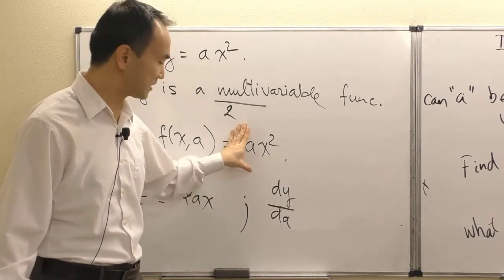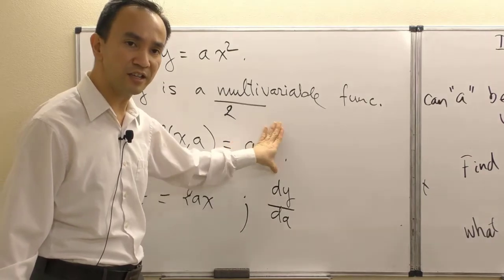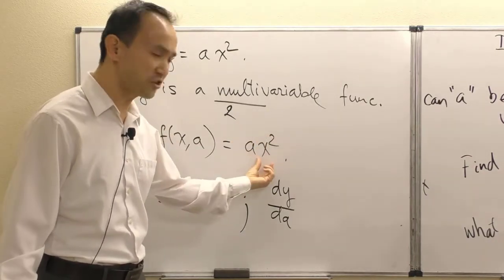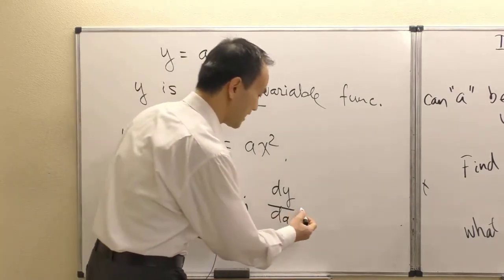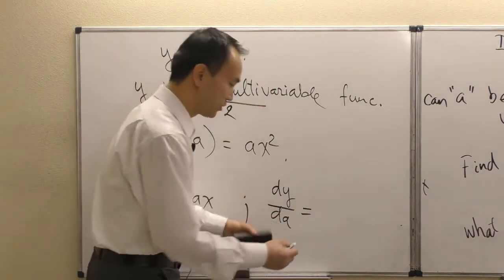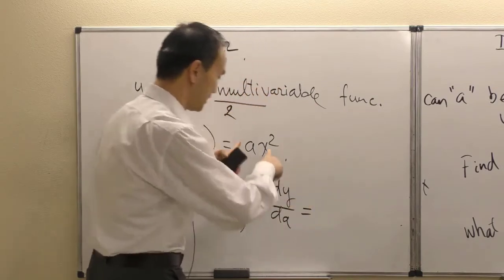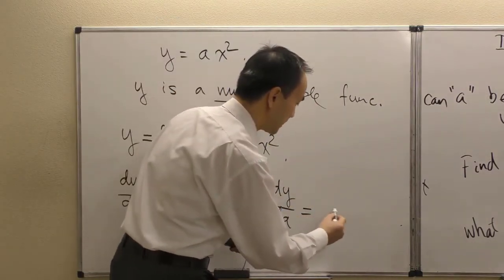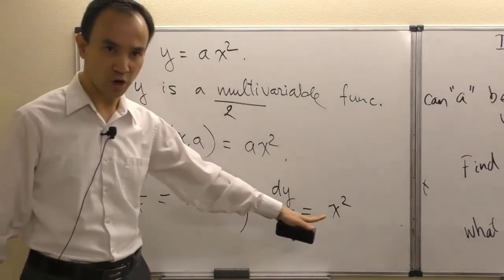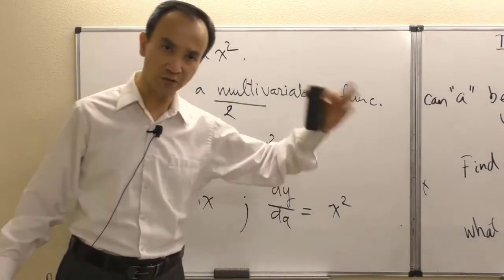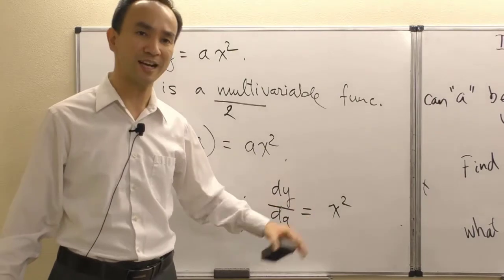Then aside from the variable a here, everything else, even though being an expression, is regarded as a coefficient. That was the reason I came to dy dA here as being just x squared. So that's just a result. If you need to, feel free to roll back on the video to see how I explained that.